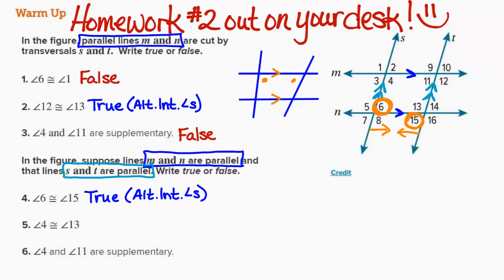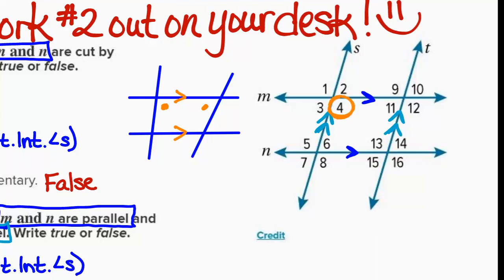Next up is angles 4 and 13. So here's angle 4. Here's angle 13. I want you to look really carefully in the center. What kind of a shape have we made in the center of these lines? What would we call that shape?